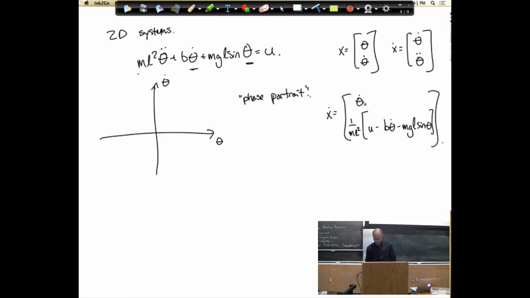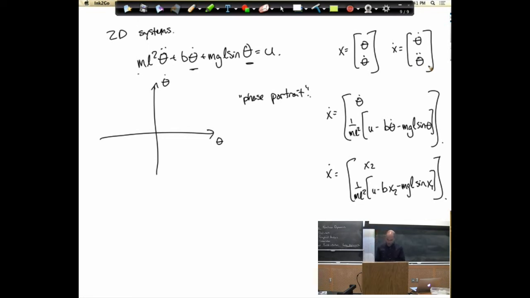And if I were to replace this with x1 and x2, I could write that purely as a function of x: x2, and 1 over ml squared u minus b x2 minus mgl sine x1, right? You know that. Okay. So now, where before if I put in one number x, I got out one number x dot, here I'm really putting in 2 numbers, x1 and x2, or theta and theta dot, and I'm getting back 2 numbers, which is theta dot and theta double dot, right?